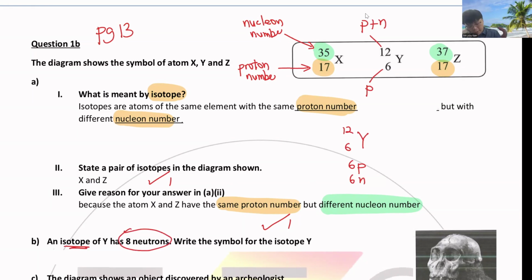The proton is the same because it's still Y, but the neutron will be different. Originally 6 neutron, this time 8 neutron. So now they ask you for the symbol. You can put 14. This is another popular question. They want you to write the symbol of another isotope, where the nucleon number changes. The number of neutron is 6, and they ask for another with 8 neutron, so you have to add up together.